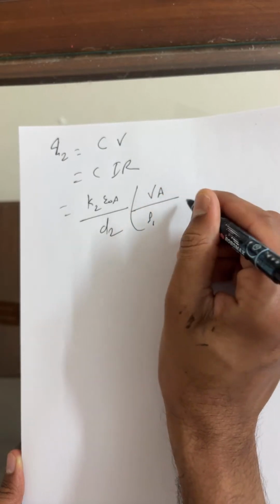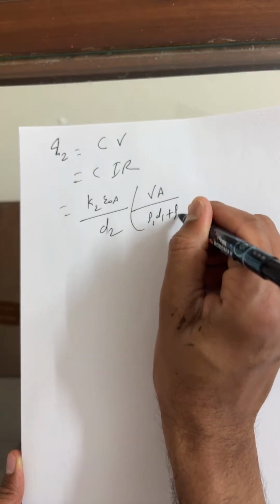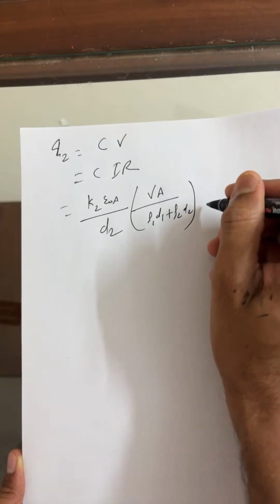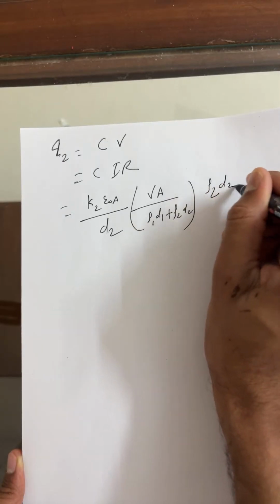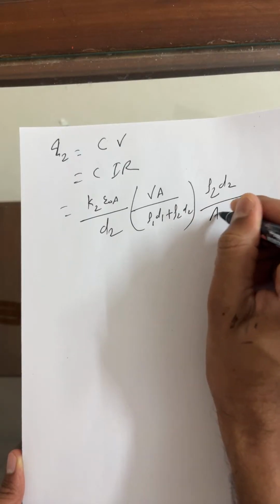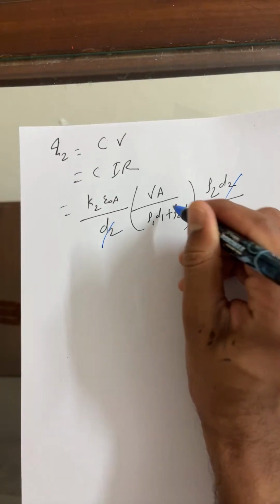Just now you derived everything: rho 1 D1 plus rho 2 D2 for IR, and R is rho 2 D2 upon A. Again this D2 and D2 finish, and A and A finish.